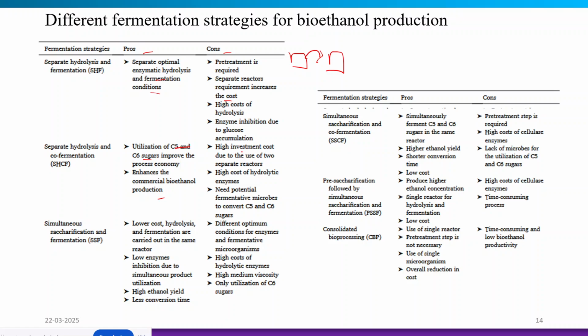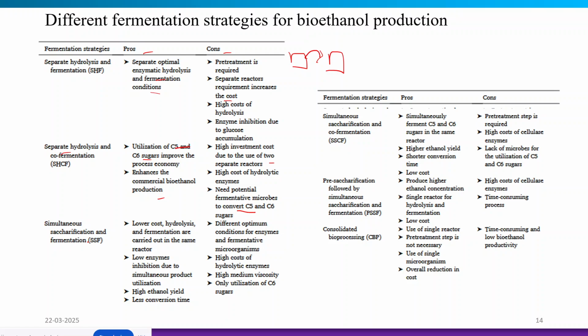But it has a high investment cost due to the use of two separate reactors. It is the same problem, because we are still using two separate methods, along with the high cost of the hydrolytic enzyme and the need for potential fermentative microbes which can convert the mixture of C5 and C6 sugars.